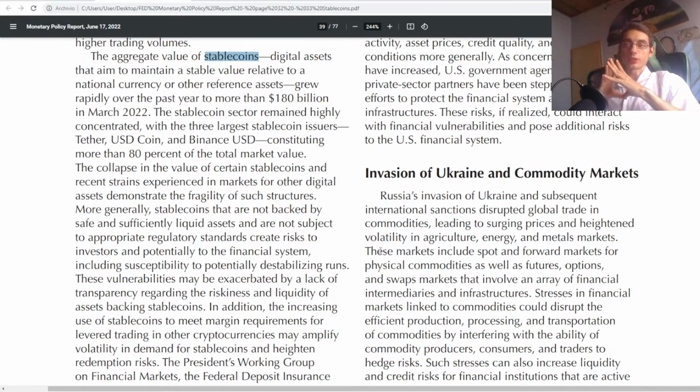So it is not really safe, but it is the riskier choice among the safer stablecoins right there.